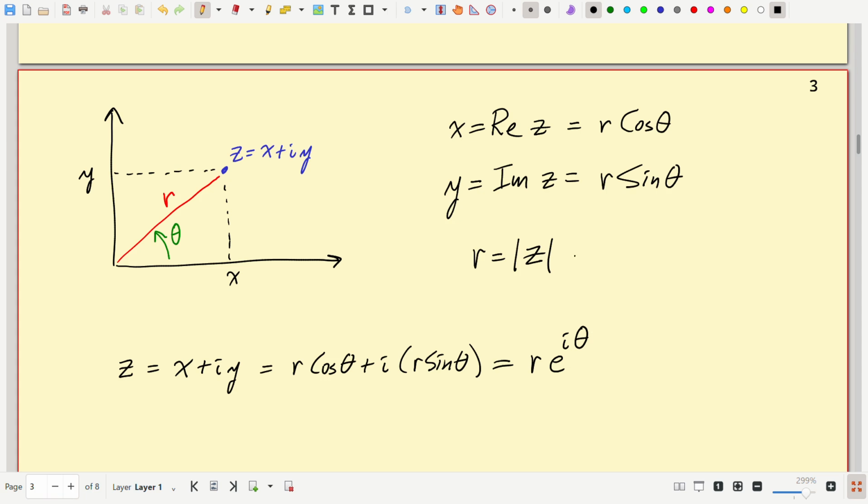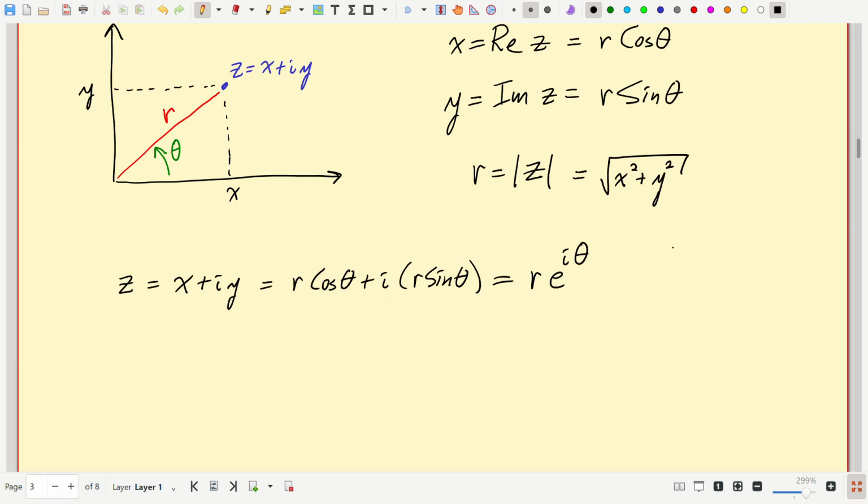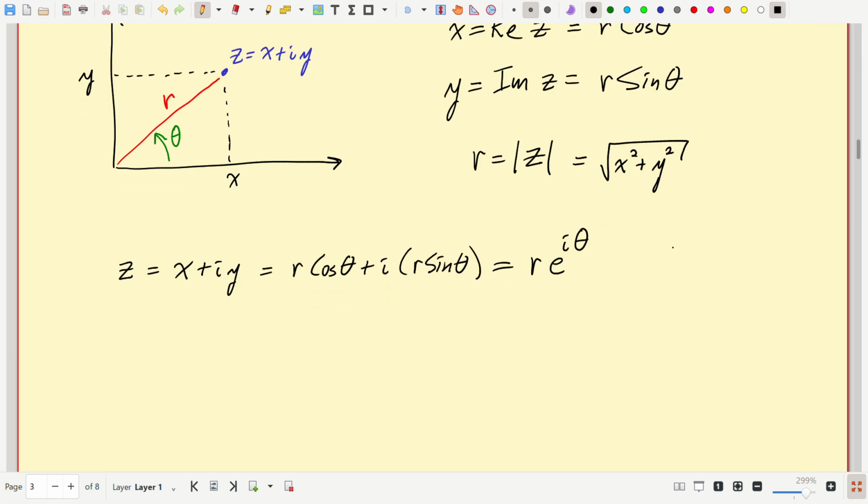That's the polar form of z. And it's going to turn out to be very convenient, especially when we compute complex roots of complex numbers.